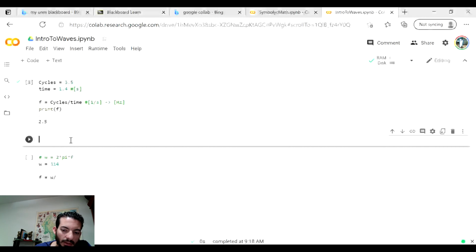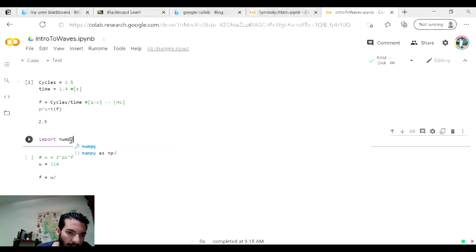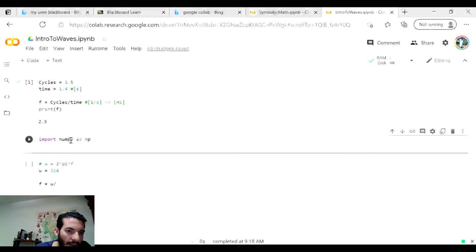Okay, yes: import numpy, the numeric package from Python, and I'm going to use an alias, as np. It's like calling Jonathan, John. Don't let me confuse you here.